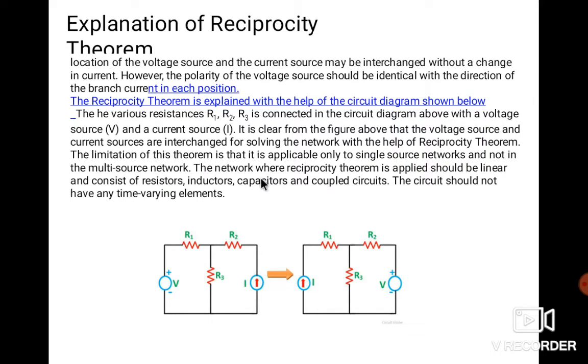The networks, when the reciprocity theorem is applied, should be linear and consist of resistors, inductors, capacitors and coupled circuits. The circuit should not have time varying elements.